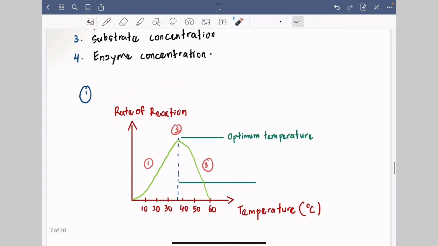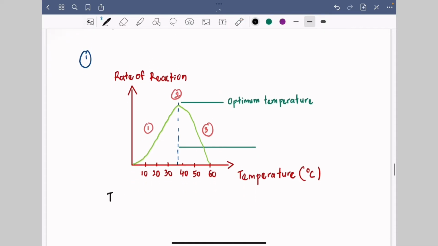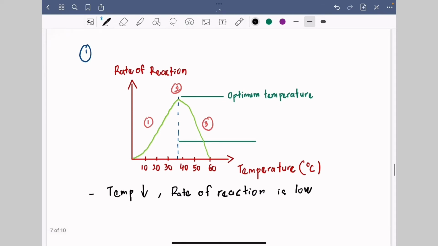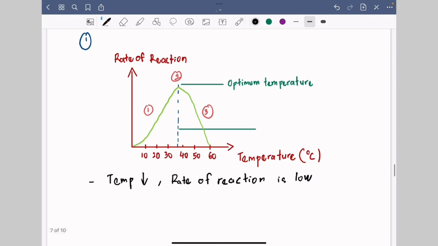This graph shows us that at below 0 to 10, the temperature is too low, so the rate of reaction catalyzed by the enzyme is also slow. Why is it slow? Because the enzyme is still not activated and not functioning at that time.